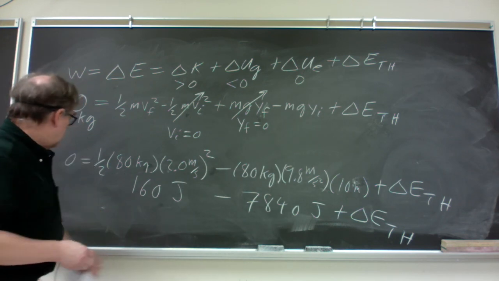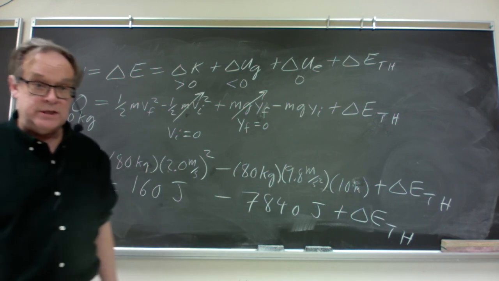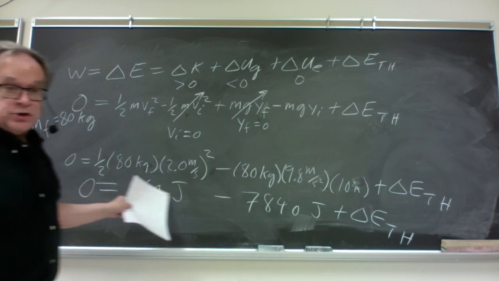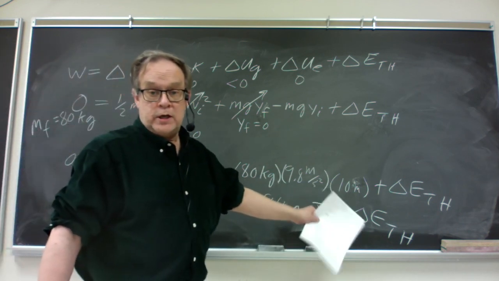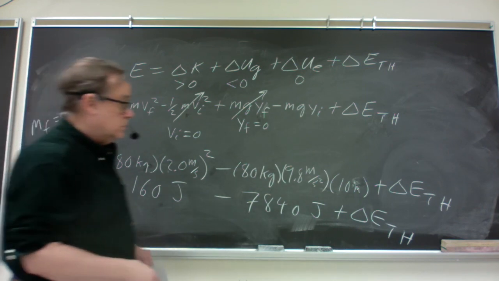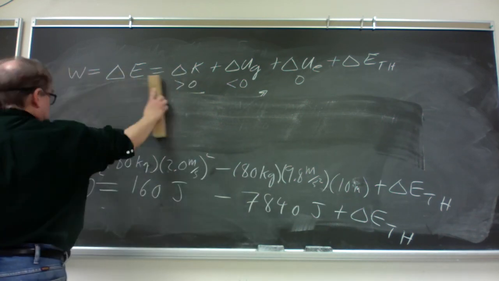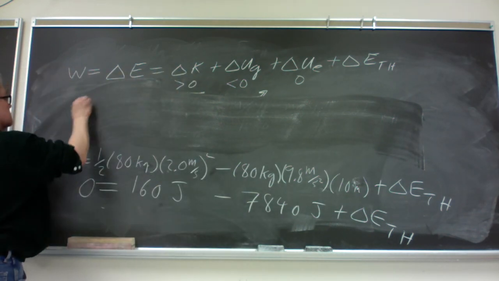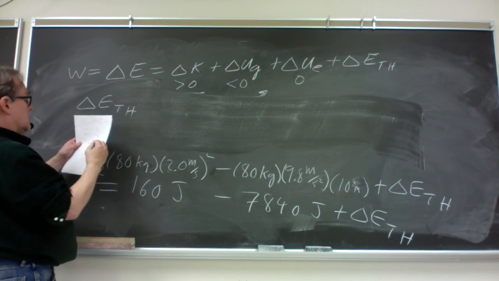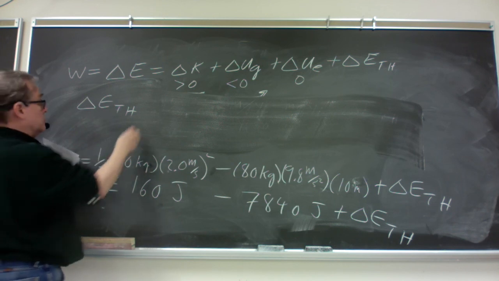And all of that is equal to 0. So when you solve this equation for the change in thermal energy, it comes out to 7,680 joules.